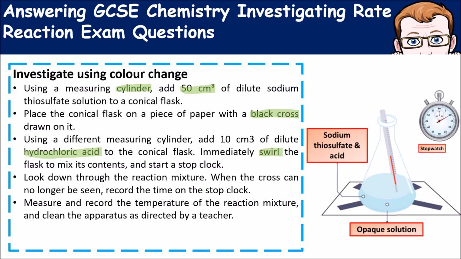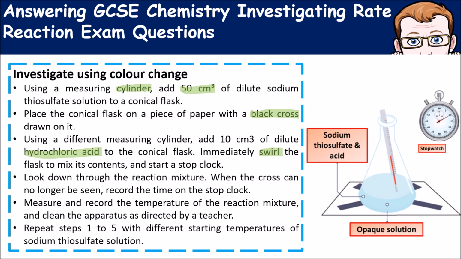In that way, you can see how fast the reaction is happening. You might also record other things like temperature change. Then don't forget to talk about repeating it with different concentrations or temperatures or whatever.